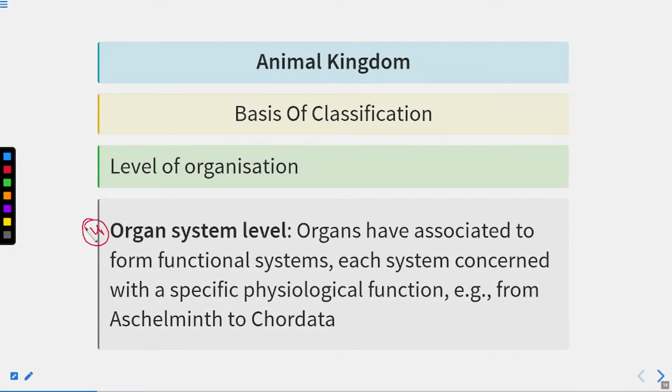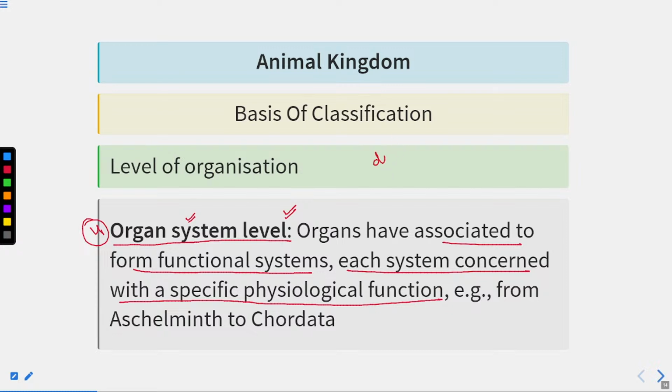Next is the fourth one, the organ system level of organization. Individuals with this level are more complex. Organs are associated to form functional systems, and each system is concerned with a specific physiological function. We have different organs, and these different organs form an organ system.